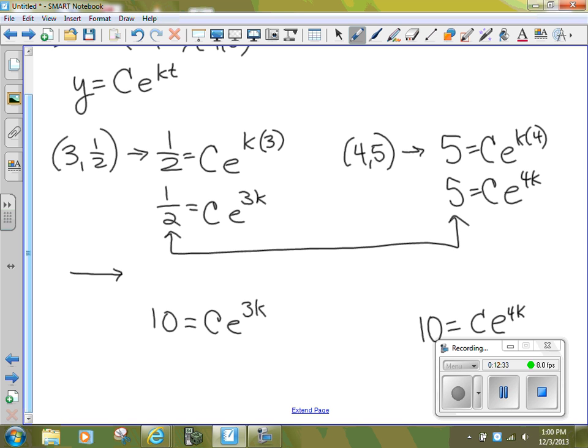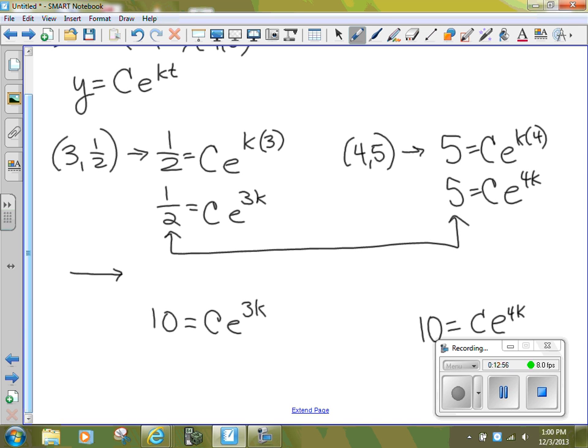So now I'm kind of working backwards. I figured out I want them both to equal 10 because I had a 2, I had a 5, multiply to get 10. What number do I need to multiply to this equation here on the left? 1/2 times what gives you 10? 20, okay?